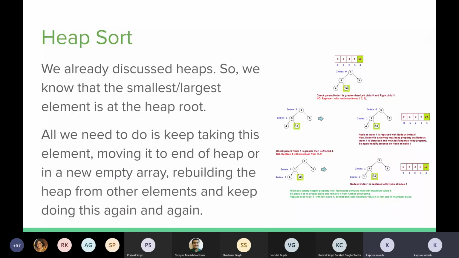But I think a lot of people might not know what heaps are if they've not attended the data structures session. So a quick recap: heaps are a form of tree in which parents have a relation with children. Children don't have relations with each other. Either the parent node values are larger than the children node values, or the parent node values are smaller.